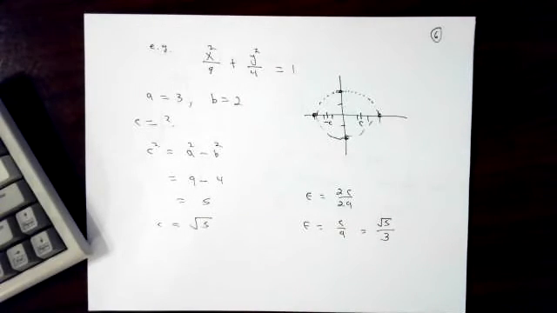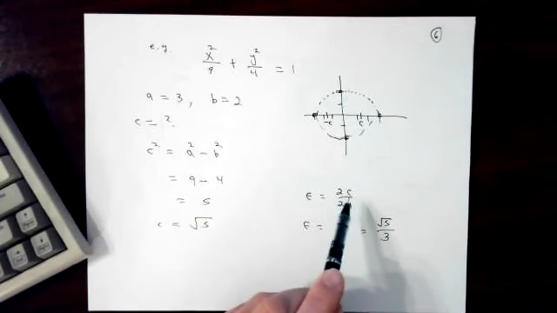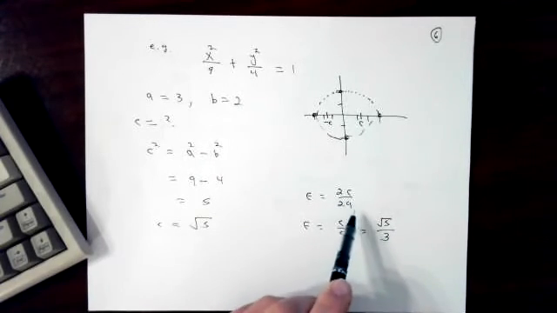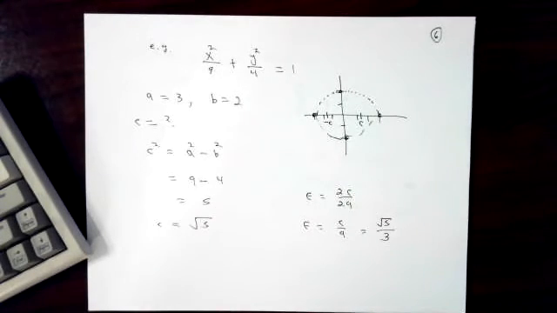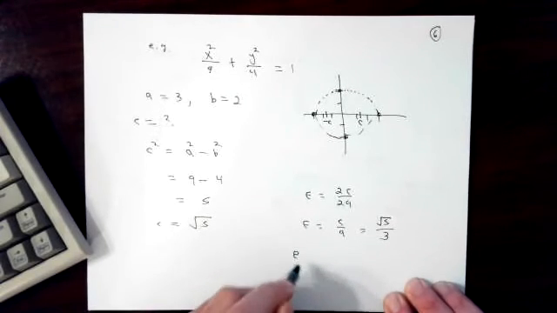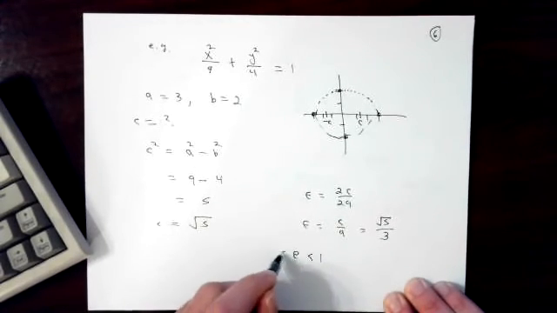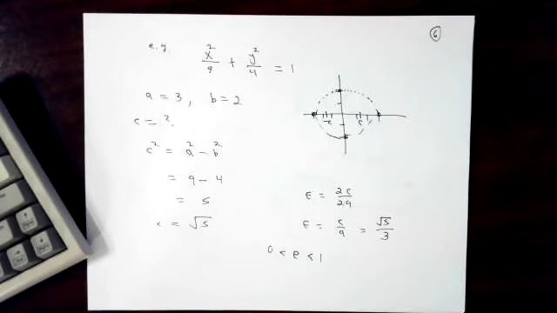Square root of 5 is about 2.23 some odd. So the distance between the foci is smaller than the distance between the vertices, as we're going to call them, 2c divided by 2a. For an ellipse, this eccentricity that we're going to calculate is always going to be between 0 and 1.